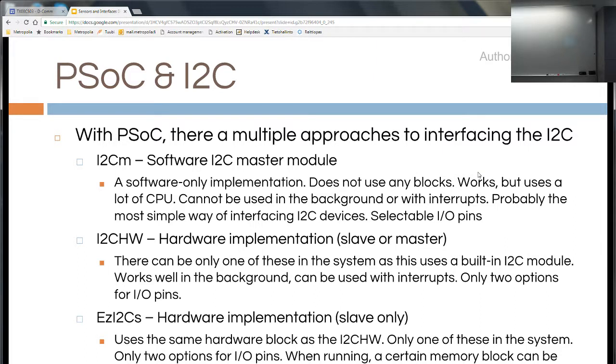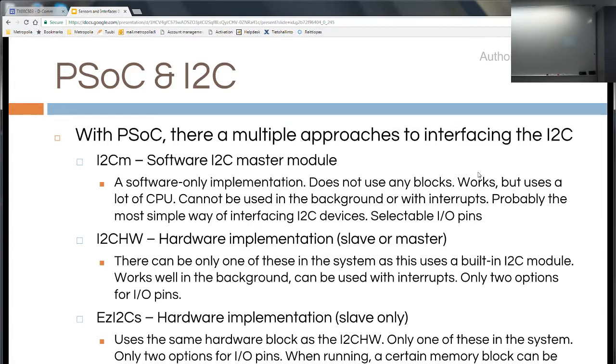It's SDA, SCL, and then there's also a reset signal in addition to those I2C bus signals. And then another one uses a hardware block. Okay, that's the same hardware block as the I2C hardware.